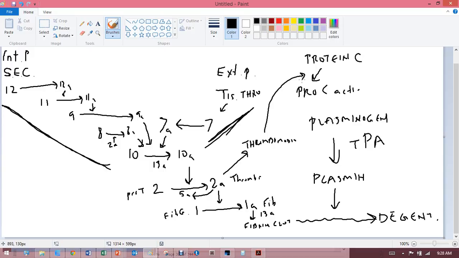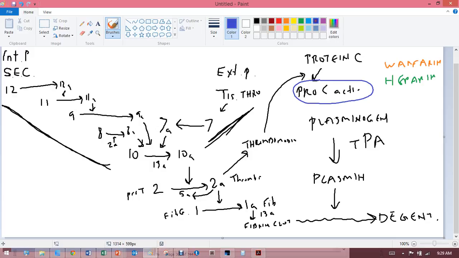And activated protein C has various effects. I'm going to highlight the effects of activated protein C. I guess I should probably do that in blue. I'm going to do the effects of warfarin in orange, also known as Coumadin, I believe, unless I'm mistaken. And I'm going to do the effects of heparin in green.